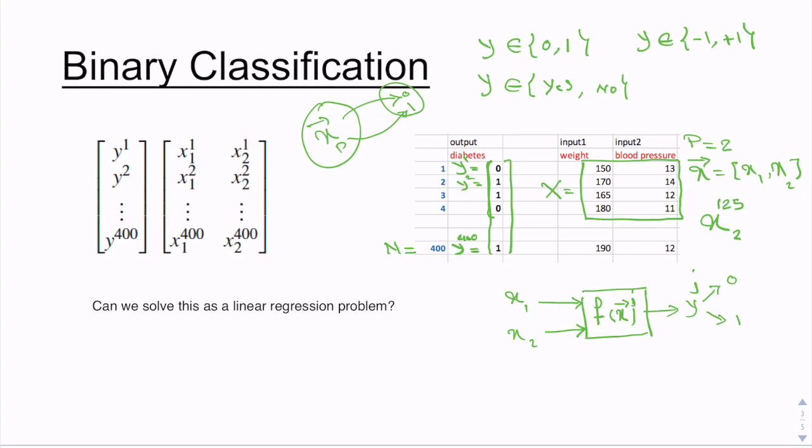So if we put these things together, then we have the output vector y, and then we have a matrix which has two vectors, vector 1 and vector 2. So vector 1 is basically the weights for the 400 patients, and vector 2 is the blood pressure for the 400 patients. So you can also consider this as a matrix.